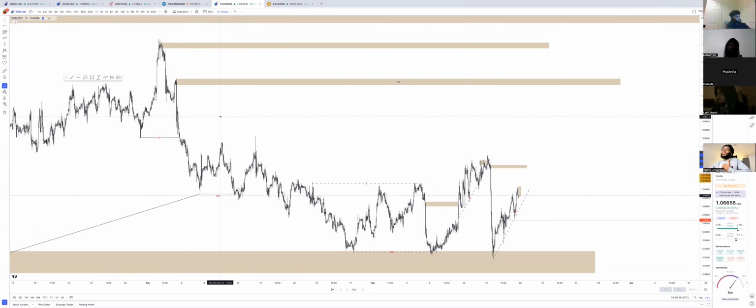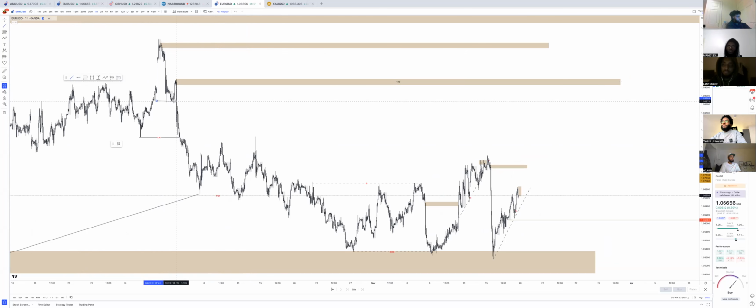Actually, it happened earlier on a lower time frame, in this area here, and this was the break of structure. As soon as it broke through here, my mindset should shift: we're not trending up anymore, we're trending down.